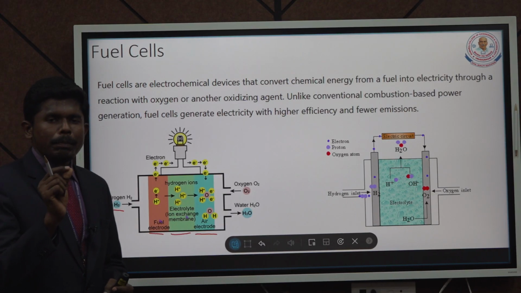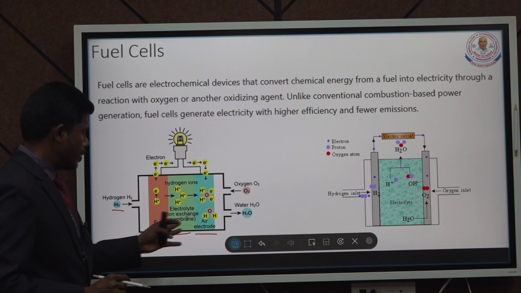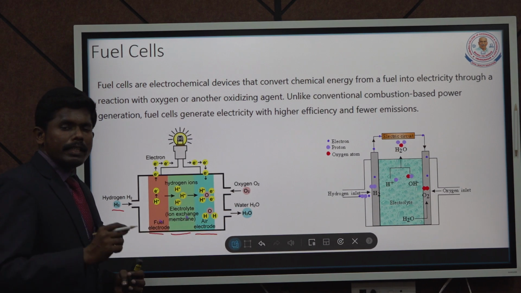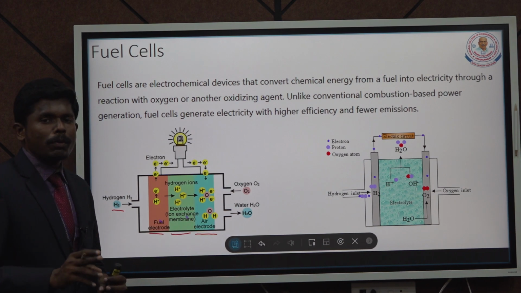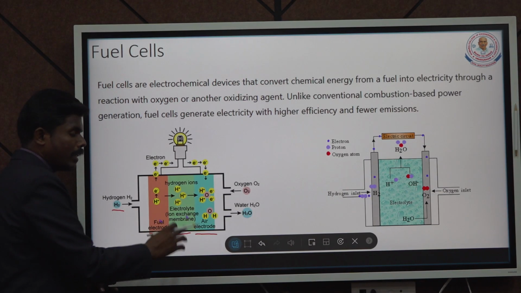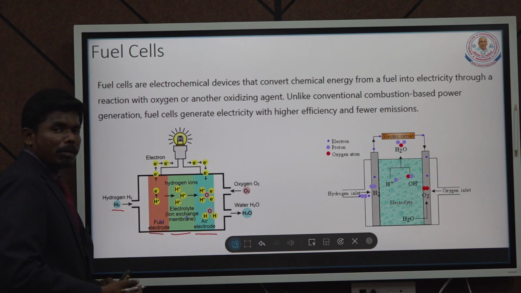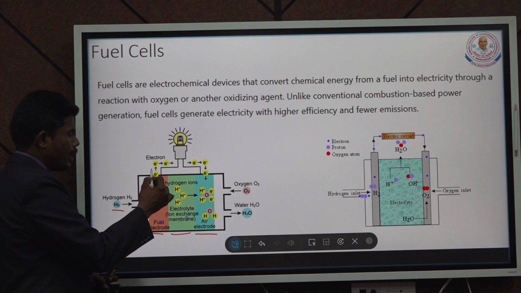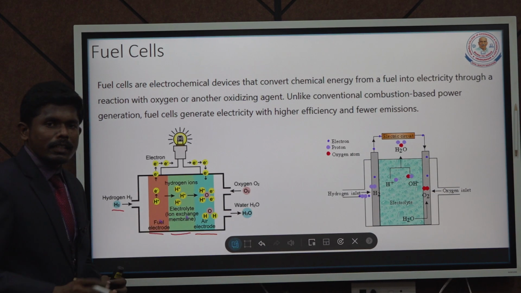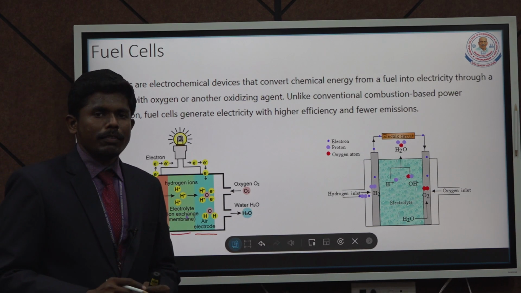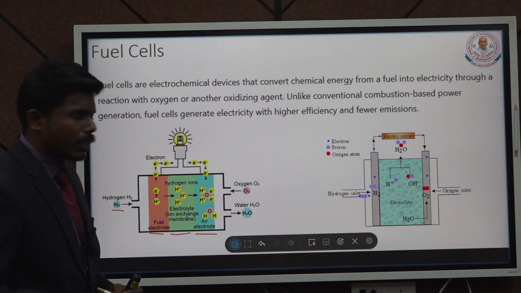There is a fine membrane available between the anode and cathode. The protons can get into this membrane and the remaining electrons find an alternative path. This constitutes the flow of electrons, and the flow of electrons obviously leads to the flow of electricity.